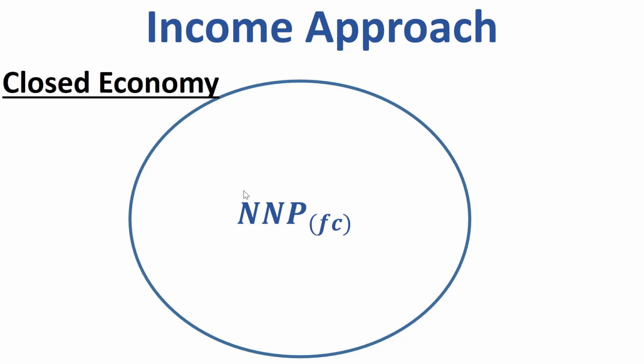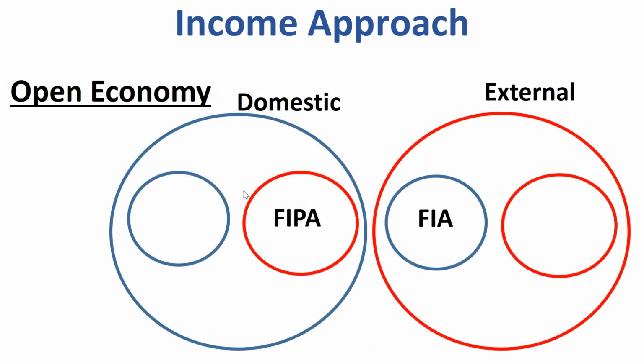So in an external economy like this, part of the factor income earned by the factors of production of our nationals is here and part is there. This part and that part will give us the net national product at factor cost.